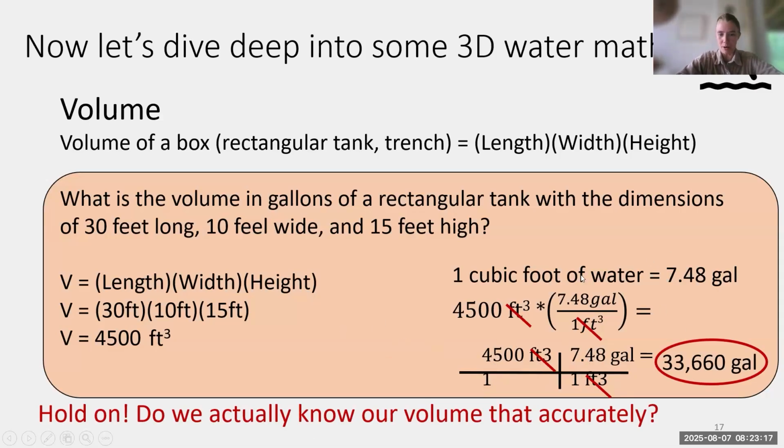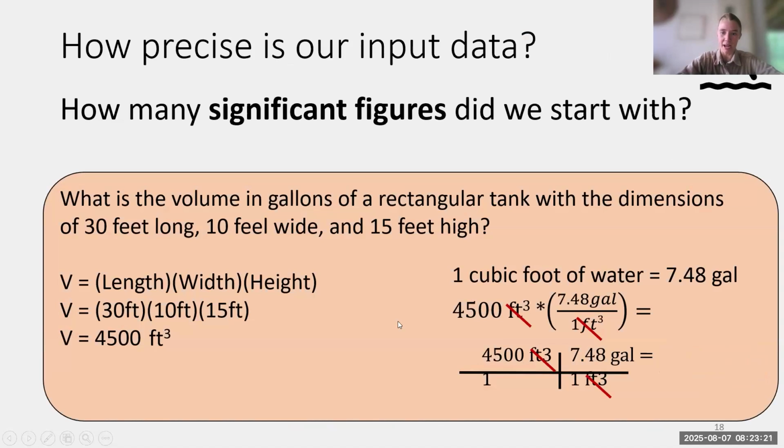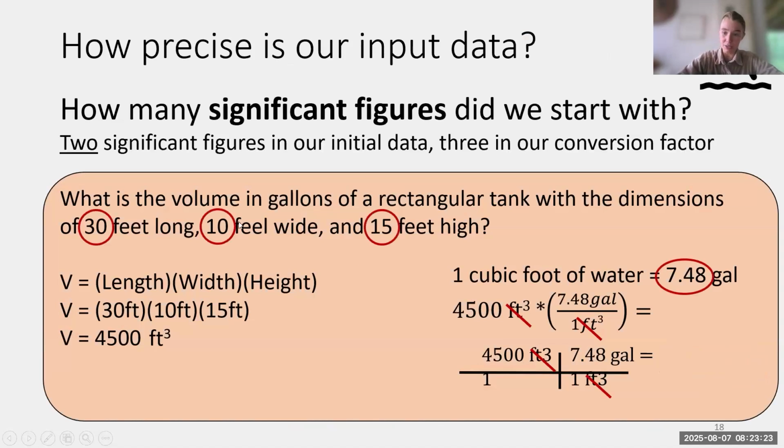But wait, in this answer, do we need to know our volume that accurately? In this problem, we have significant figures. We have two significant figures in our question, 30, 10, 15. In our conversion, we've got 3.